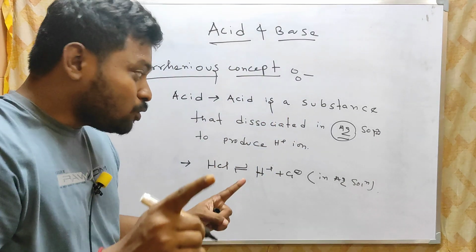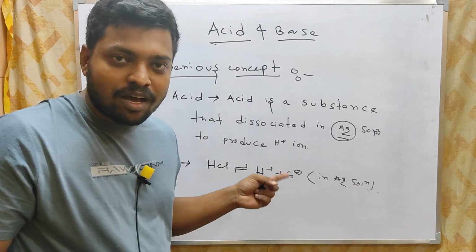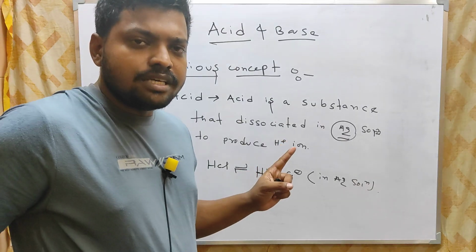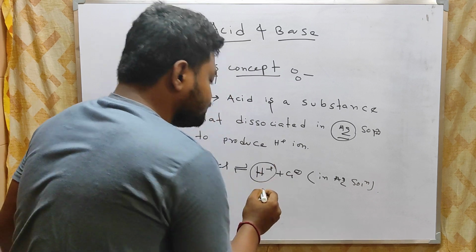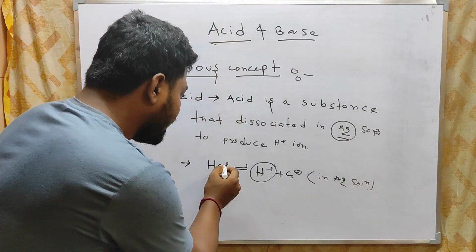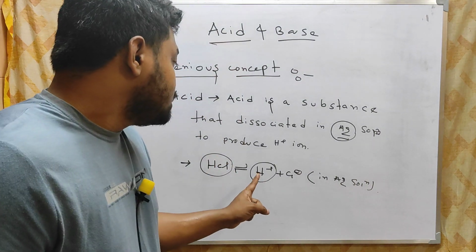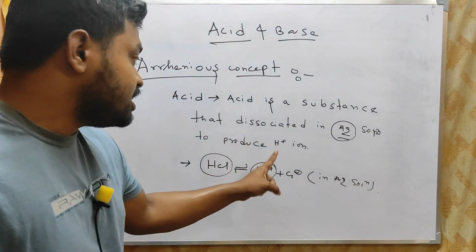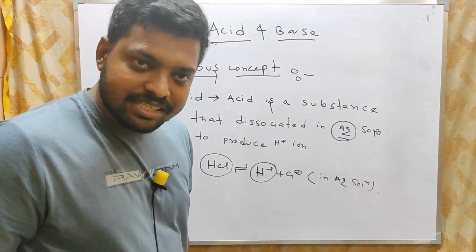So only H plus will be produced, not any other, not Na plus, not Cl plus, not Cl minus, anything. So only H plus will be produced. This is called acid. So acid is a hydrogenous substance or molecule which will dissociate in aqueous solution to produce H plus ion.